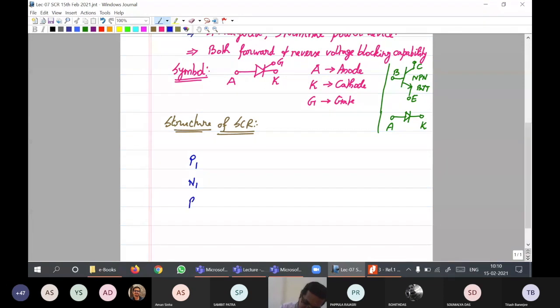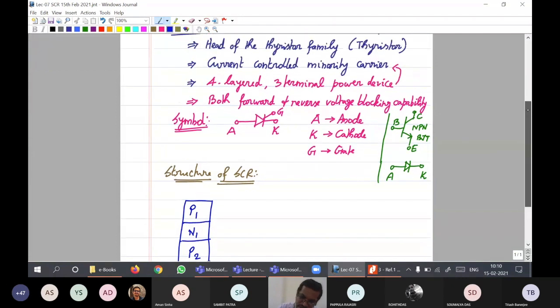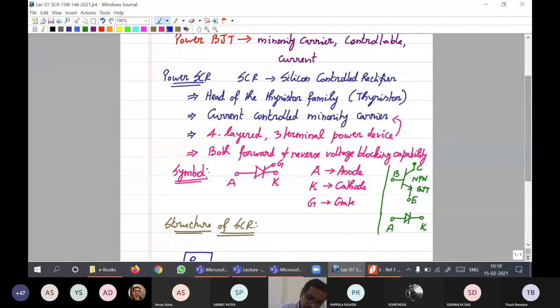That's all. So this forms the structure of an SCR, 4-layered 3-terminal device. Of course, there are 3 junctions also. You can add that also.